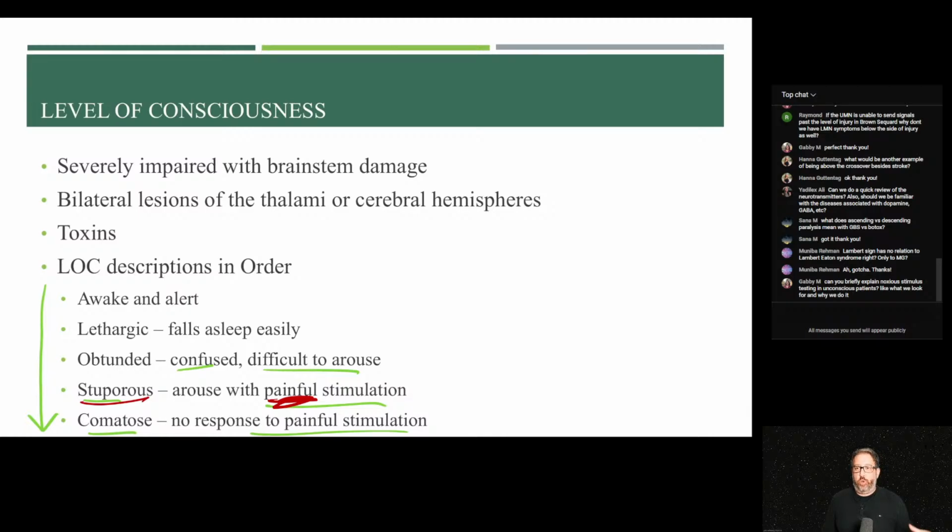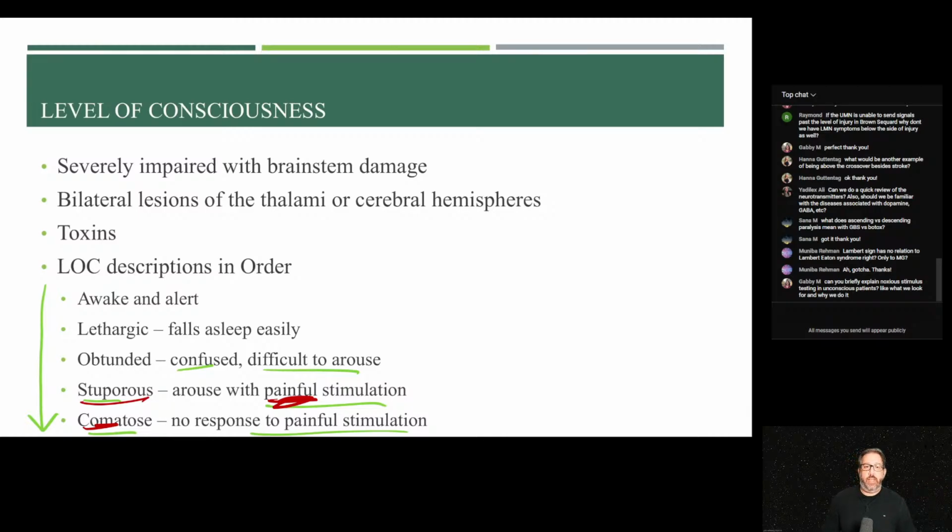They still perceive pain. If they're in a coma, they don't perceive pain anymore. There's no sensory input going on. They don't get pain, therefore nothing to arouse them. Those are the big key things with noxious stimuli, and that's why you do it. You just want to see what their level of consciousness is.